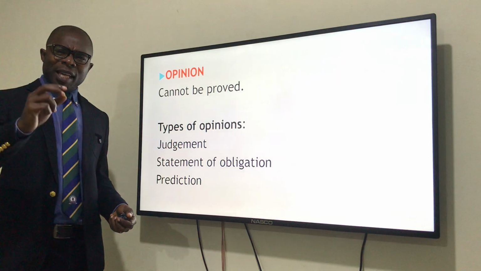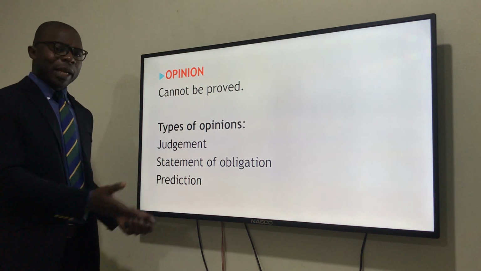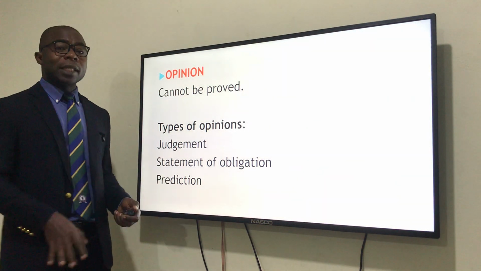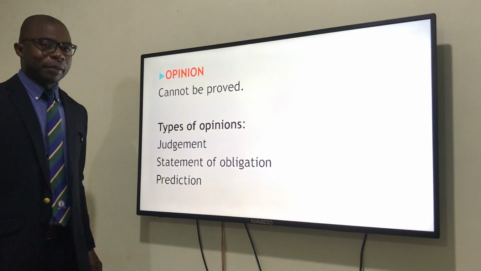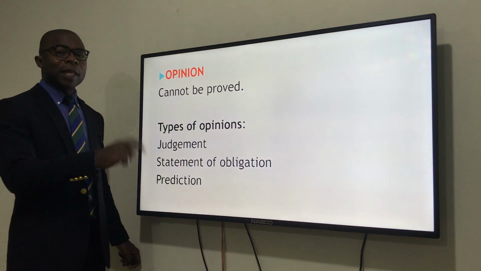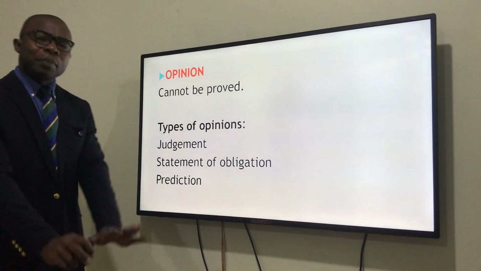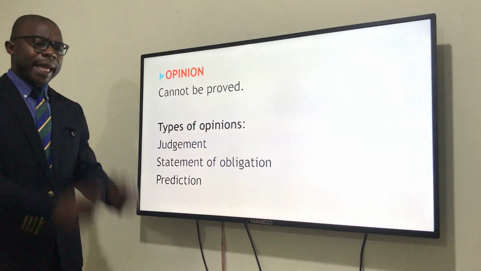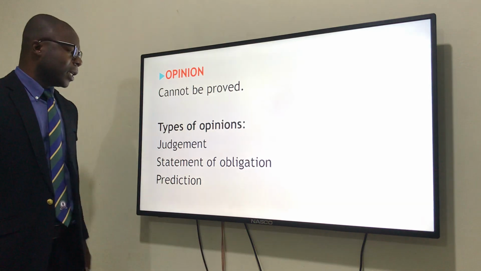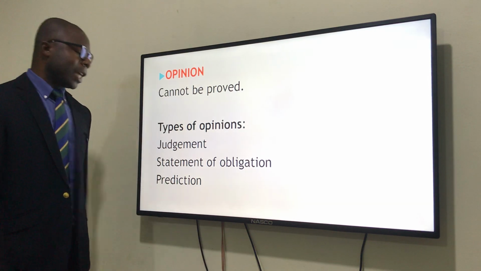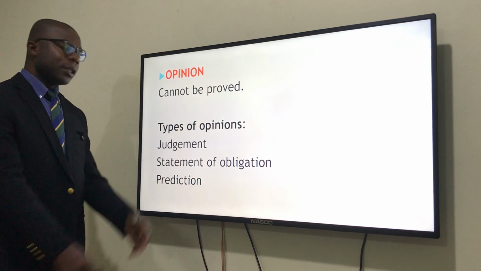Well, does that make that a fact? It is still a prediction because there is a possibility of that not happening. And when there is the chance of that not happening, opinion still remains opinion. They cannot be proved. And these are just types of opinion: judgment, statement of obligation, prediction.